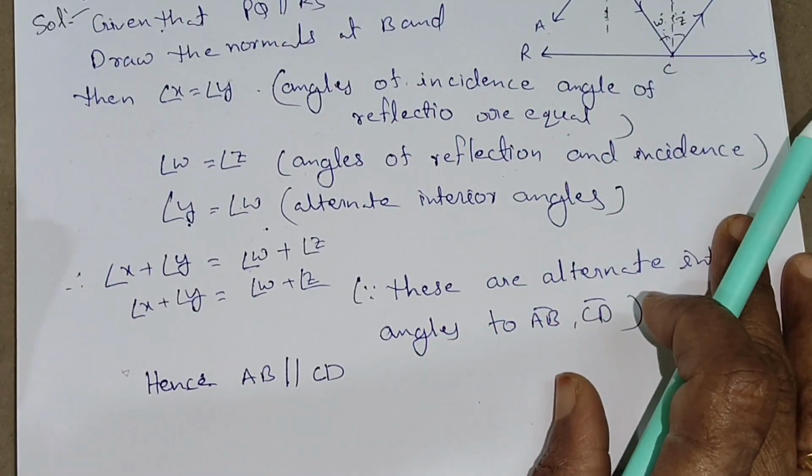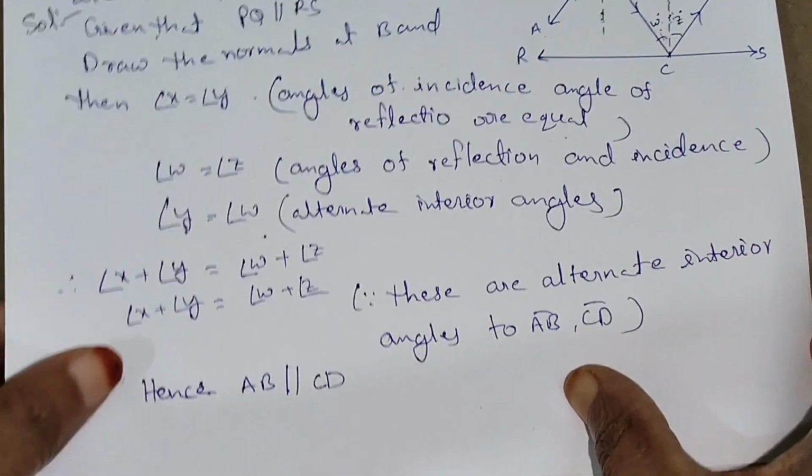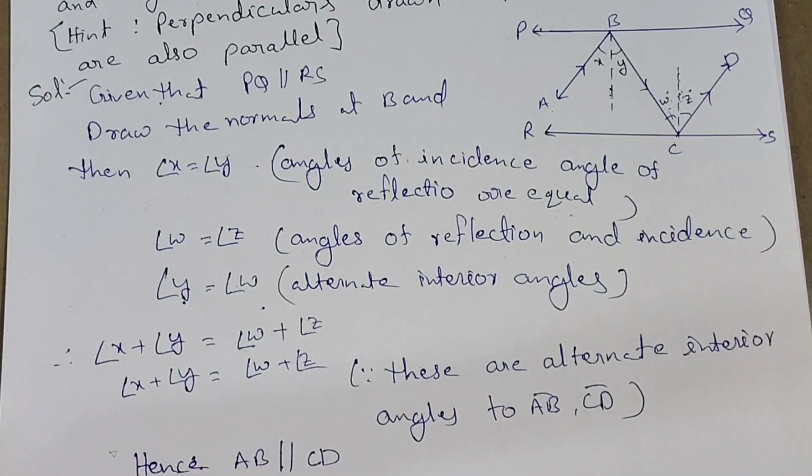Equal means these two lines are parallel. Hence proved. This is the answer to the 14th one.